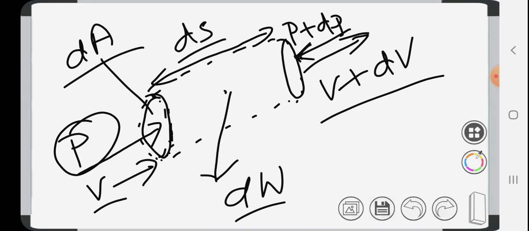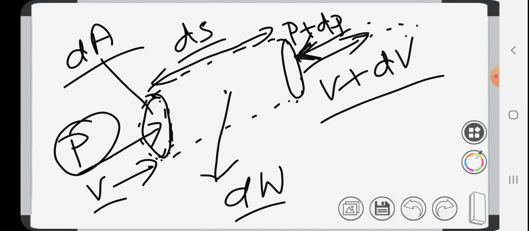The direction of P plus dP will be opposite to P, because the pressure is acting from both sides, because there will be fluid outside that differential volume also. That fluid will be applying pressure on this differential volume in this direction. So this is our figure.